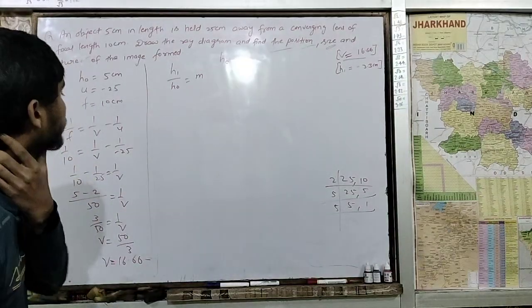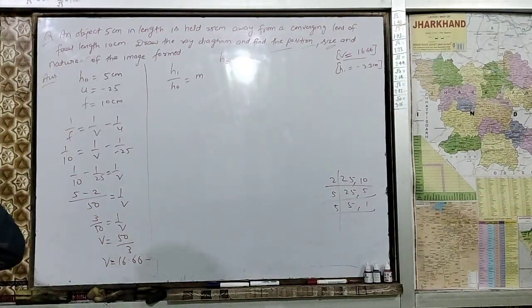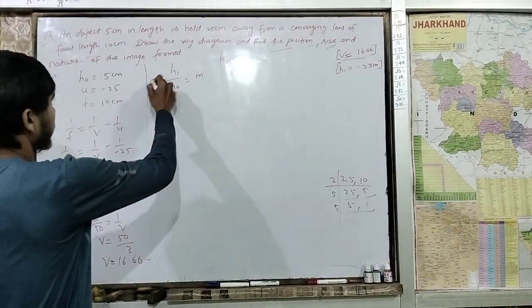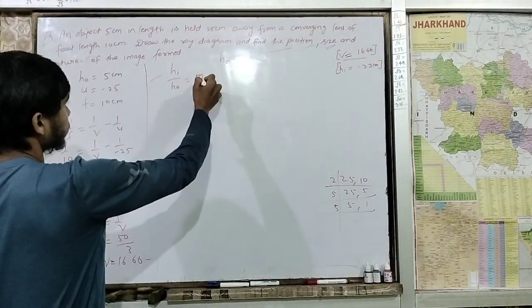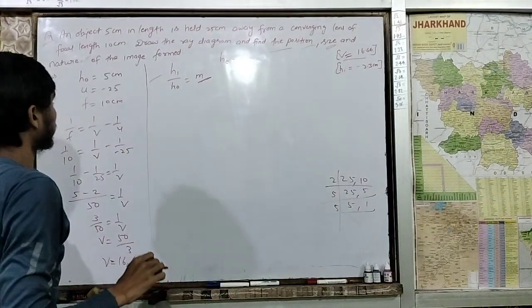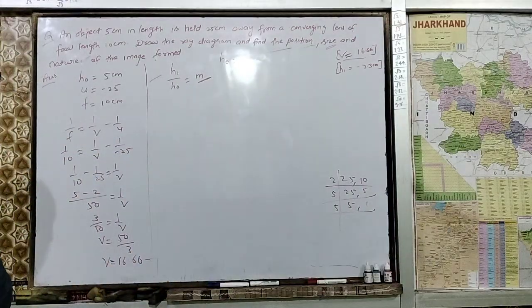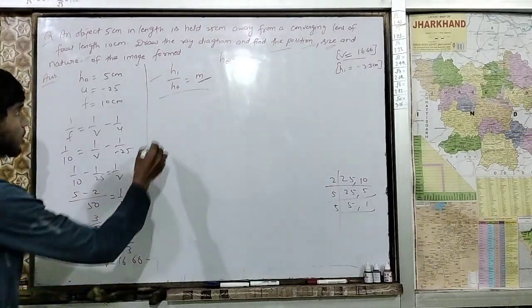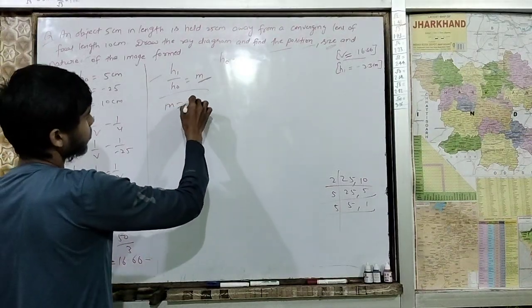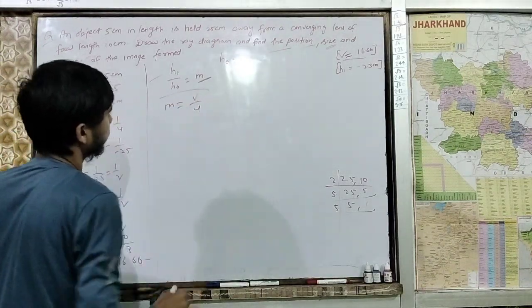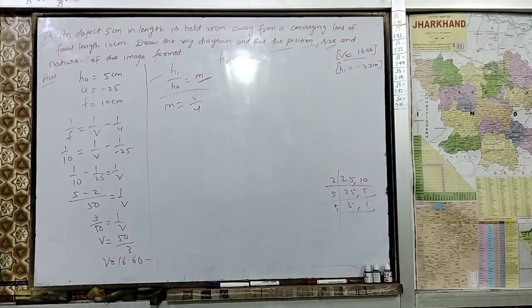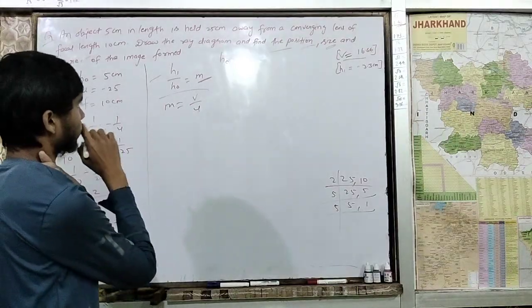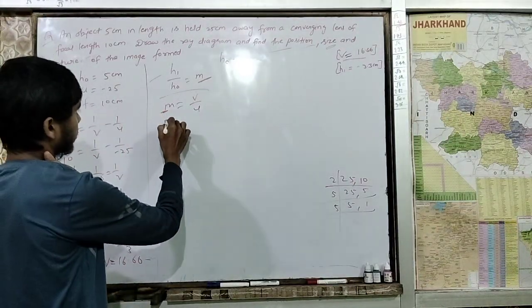But hi is not given and magnification is also not given. That's why we will not use this formula. Rather, you can use this formula: m is equal to v upon u. So from this you will get the magnification.